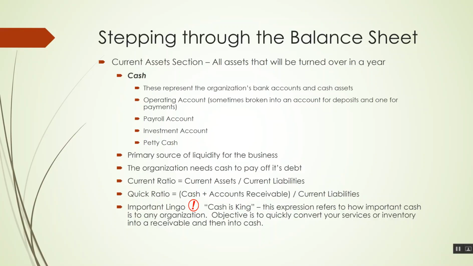Oftentimes organizations will have a separate account for their payroll. So if they pay their employees every 2 weeks, they'll set it up so that they withdraw funds from their operating account, move that into the payroll account, then pay their employees out of that account.